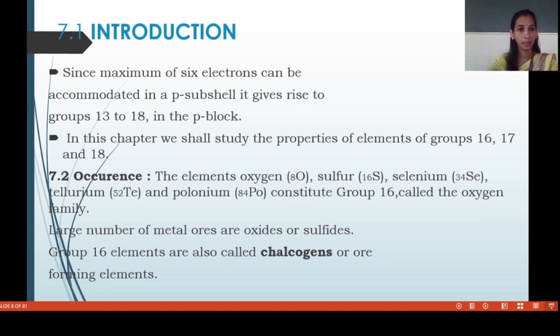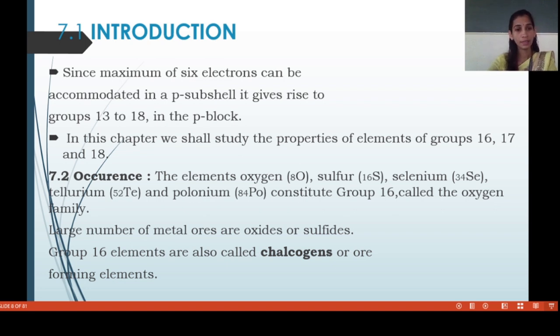Group 13 contains 1 electron in the outermost P subshell, group 14 contains 2 electrons, and group 15 contains 3 electrons. Groups 16, 17 and 18 contain 4, 5 and 6 electrons. That means the P subshell contains 1 to 6 electrons. These are P block elements.